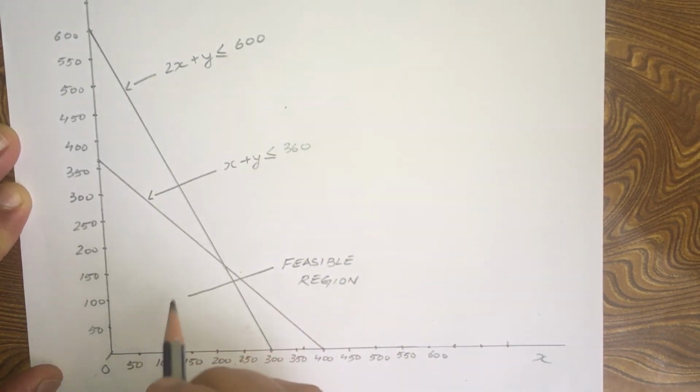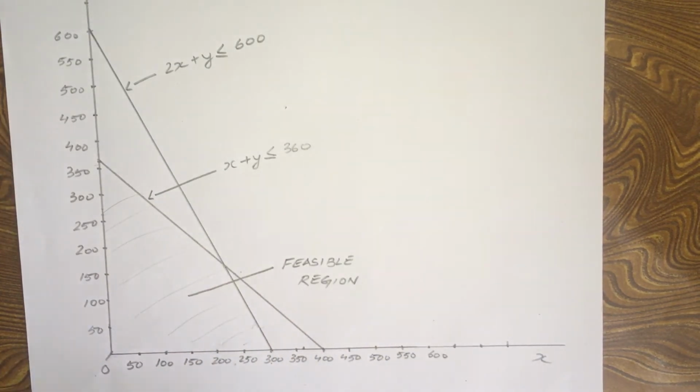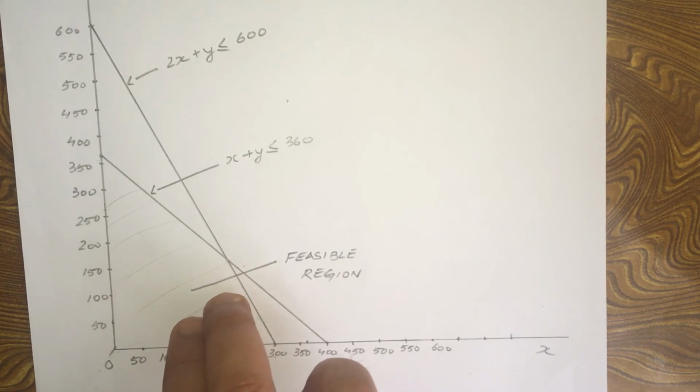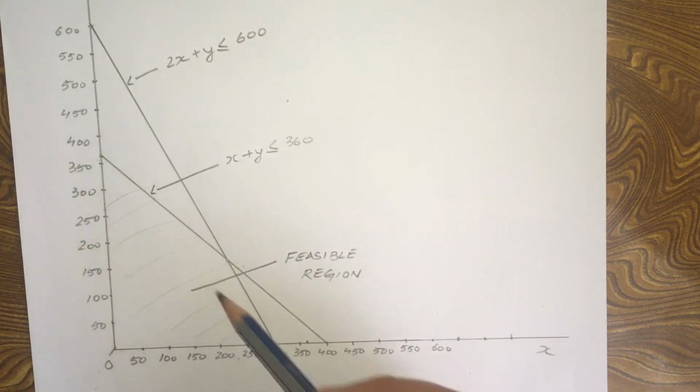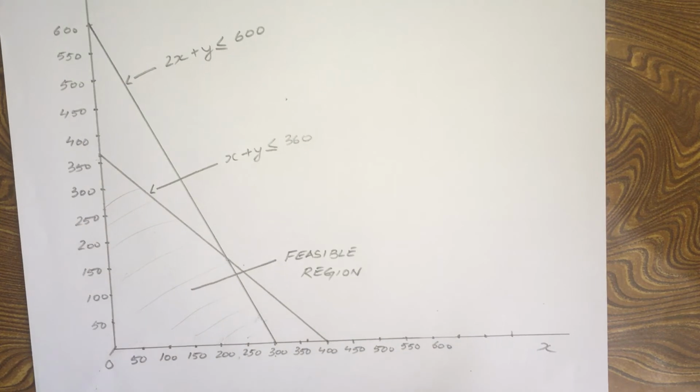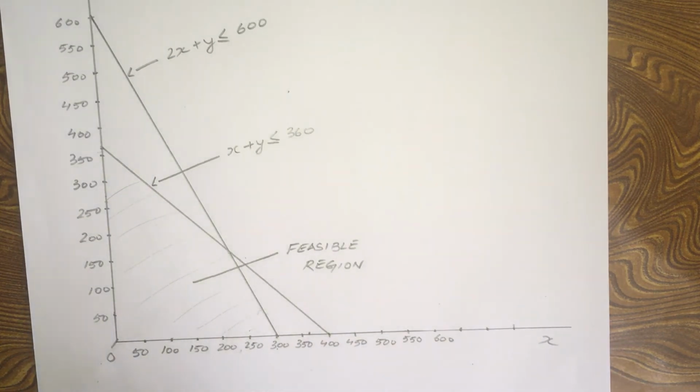Within this feasible region, if you produce here, you are going to be able to maximize your profits. This is known as a feasible region, wherein your decision variables will be optimized.